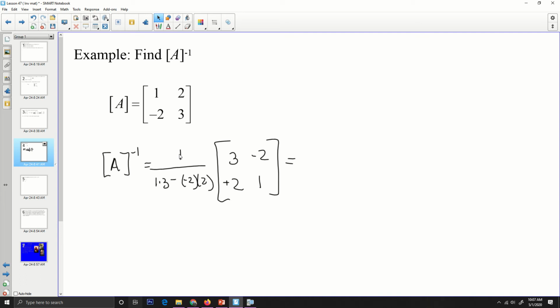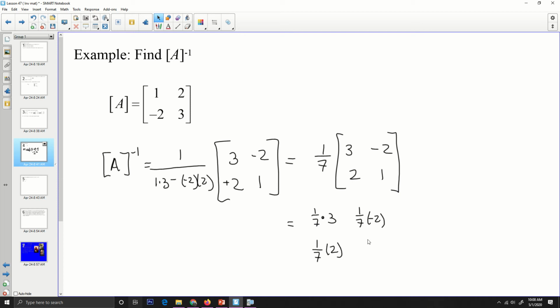So I've got 1 over 3 minus -4. So 3 plus 4 would be 1 over 7. When we multiply any matrix by a scalar, all we have to do is multiply each value by the scalar. So we'll have 1/7 times 3, 1/7 times -2, 1/7 times 2, and then 1/7 times 1.